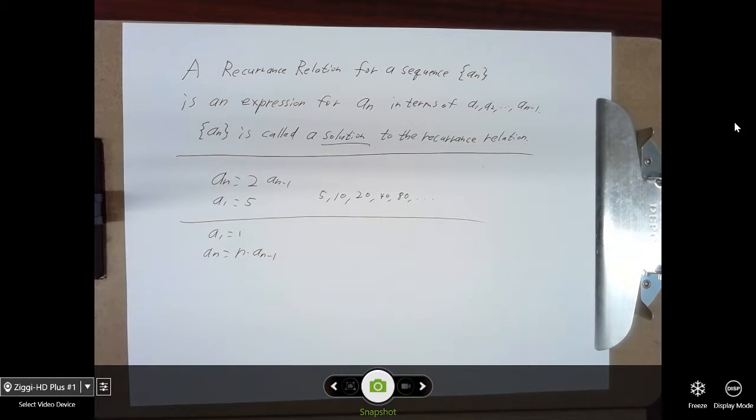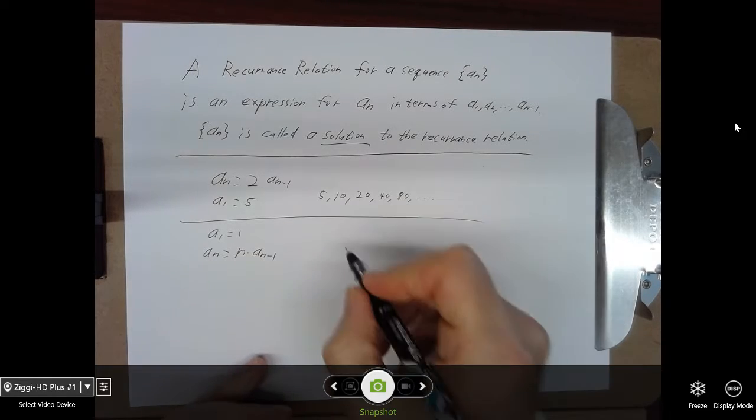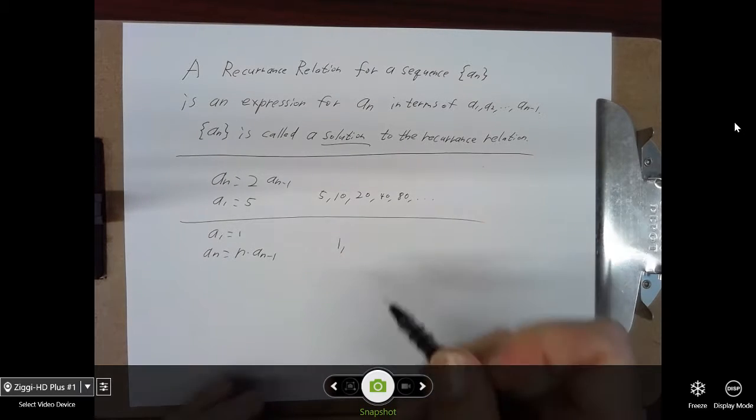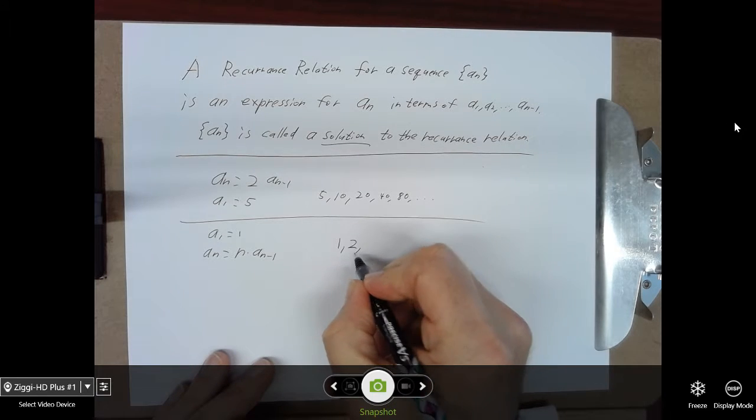So what about this relation? a1 equals 1 and an equals n times an minus 1. What do the terms of that sequence look like? I'll start you. There's the first term. So what's a2? 2 times a1 is 2.